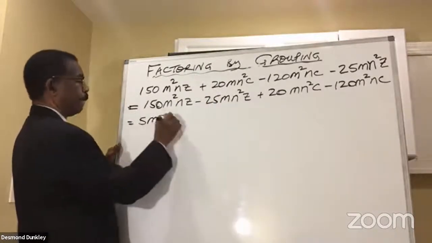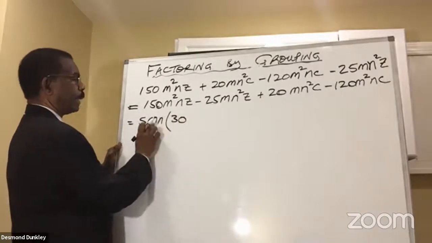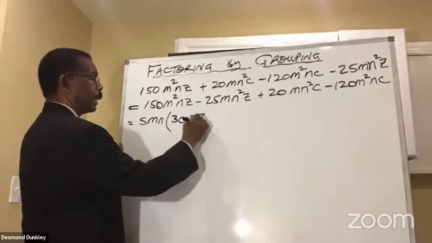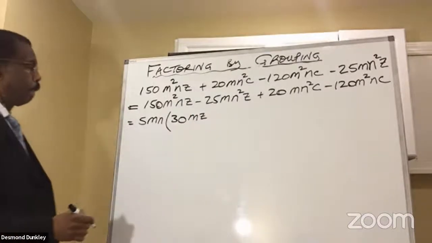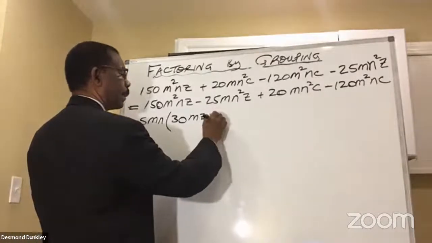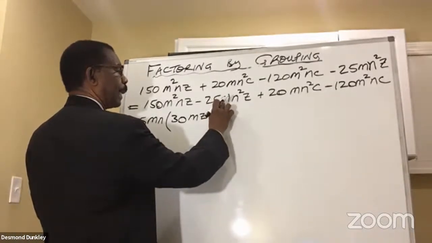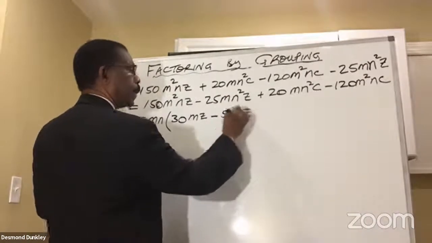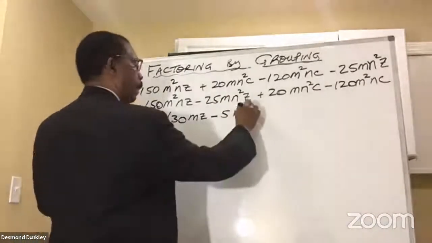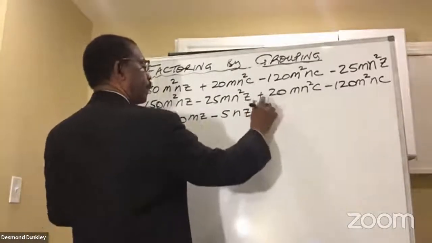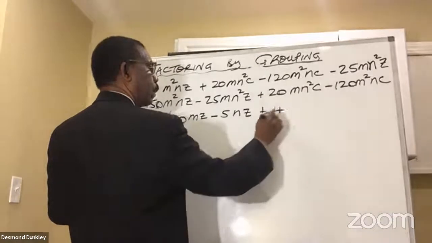If I take out 5, this gives me 30. If I take out mn out of this, I'm left with mz. When I do this, it's a minus 5. If I take out mn, I'm left with nz. When I take out a 5 out of this, I'm left with plus 4.